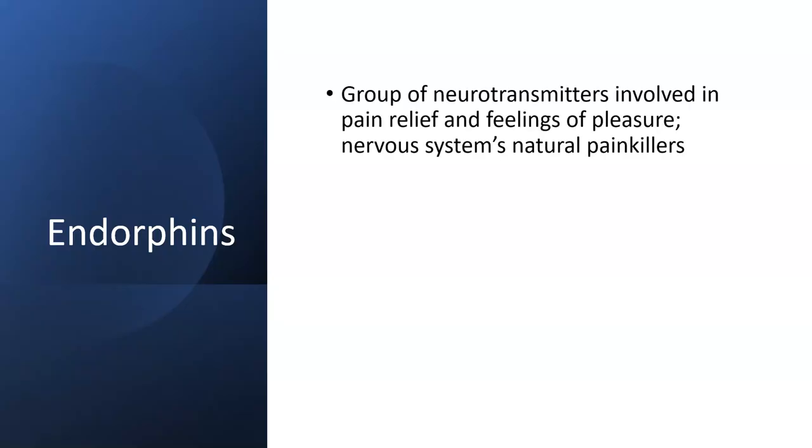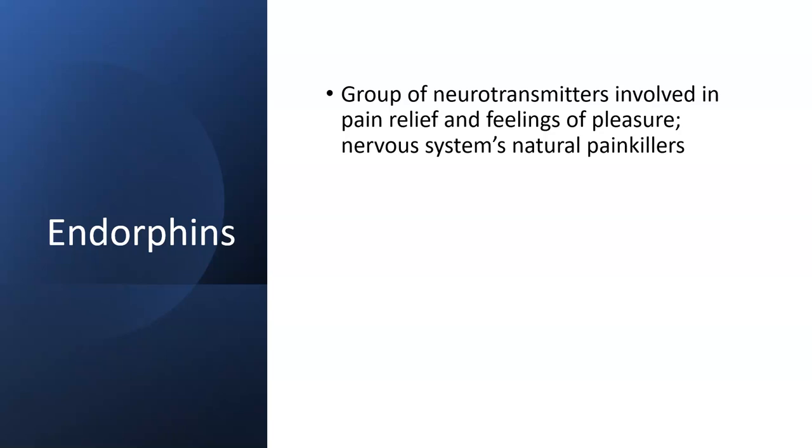Endorphins, which you may have heard of, especially if you are an athlete and you've ever been told about the so-called runner's high, or the high you can get when you're working out really hard. Endorphins are neurotransmitters that are naturally produced in the brain, designed to provide pain relief, but also the experience of pleasure.